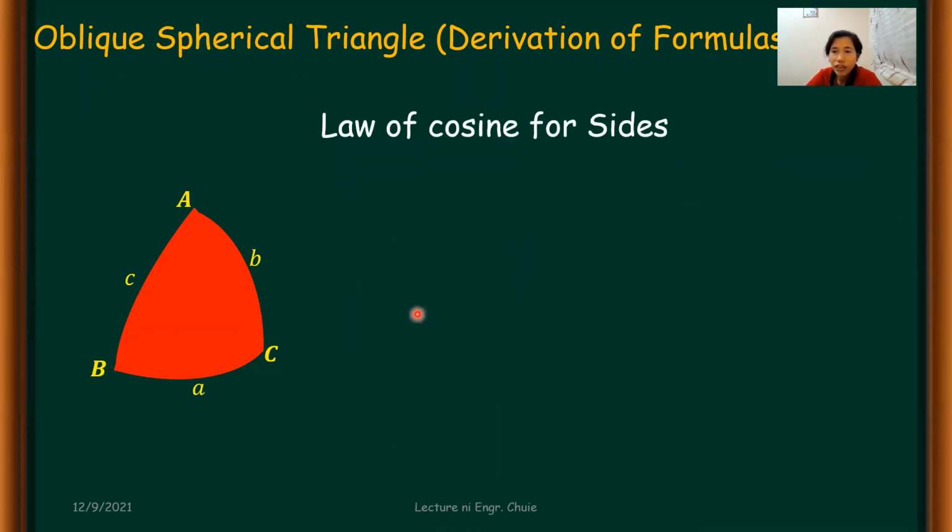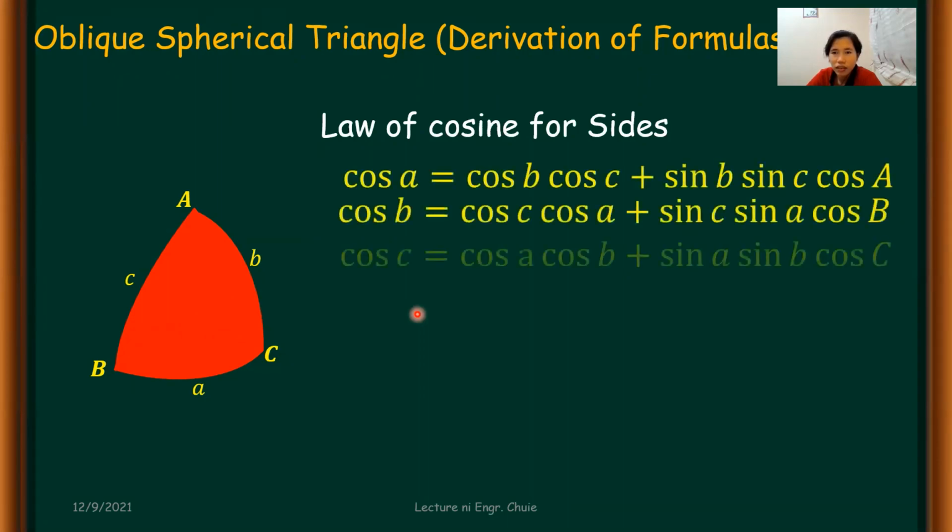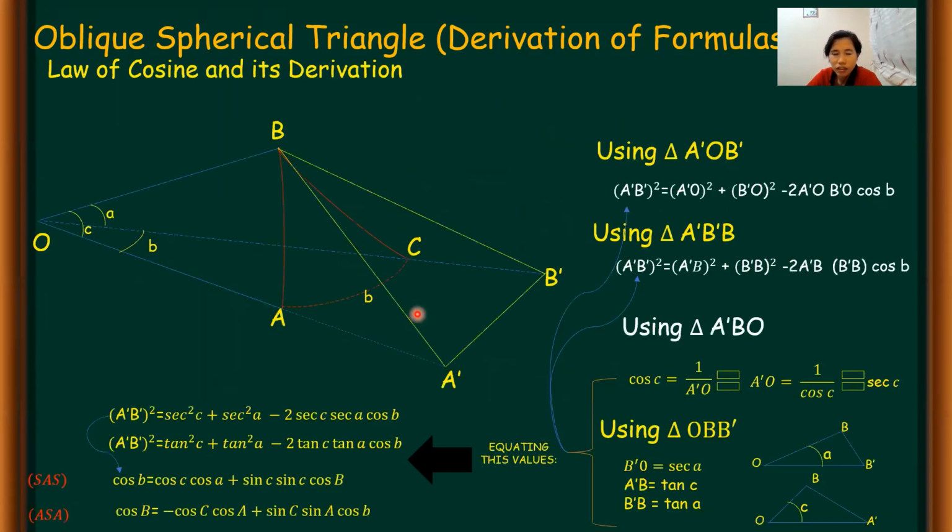So for the law of cosine for the angle, we have cosine B equals negative cosine C cosine A plus sine C sine A cosine of B. Similar to the other angle, if you want to solve for angle A, that will become cosine A equals negative cosine B cosine C plus sine B sine C cosine of small letter a.